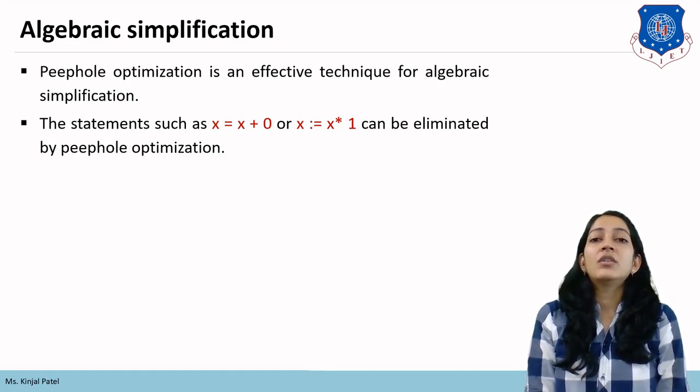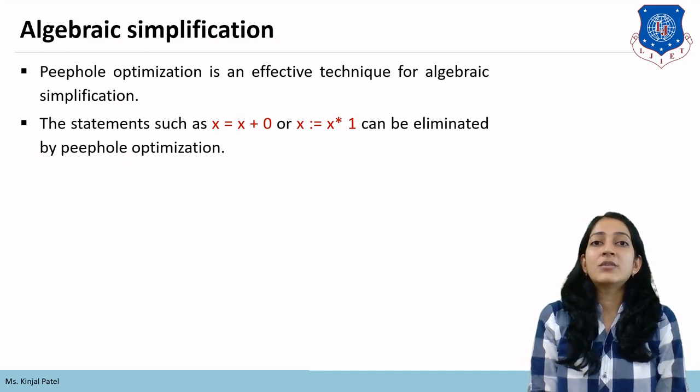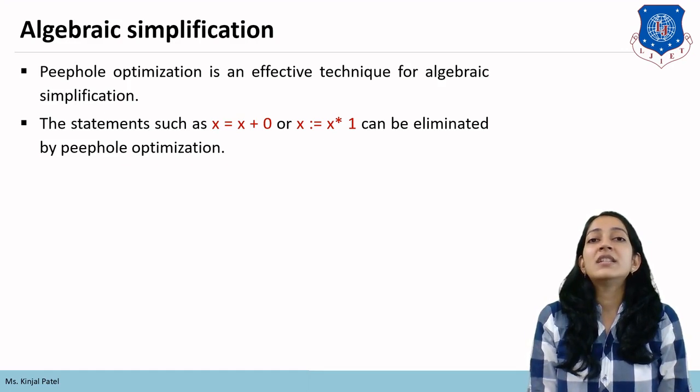We need not write this statement x equals x plus 0 because the result will not change. In the same way, x equals x star 1. The result of this expression will not change the value of x, so there is no need to execute these two statements. We can eliminate this type of algebraic expression using peephole optimization.